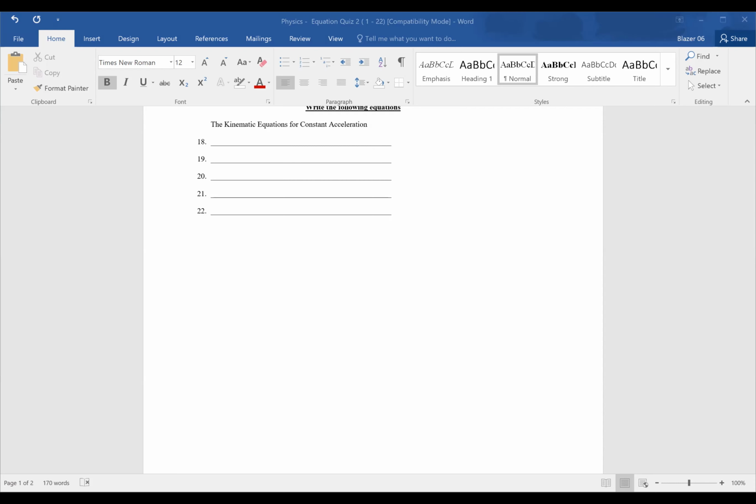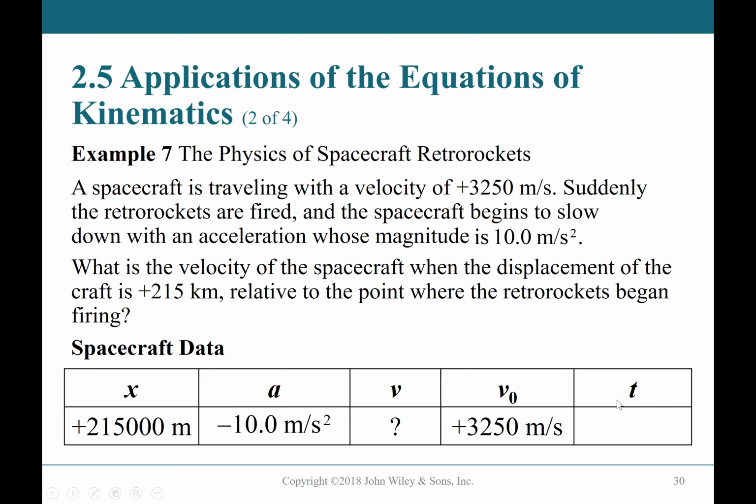Do you see the example 2.5? No, ma'am. It's in the Word document, equations quiz 2. Okay, hold on. Let me just share screen. What do you see now? The PowerPoint. You see 2.5? Yes, ma'am. Okay, great.